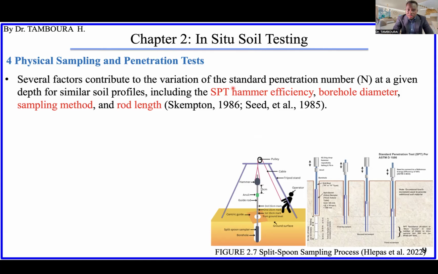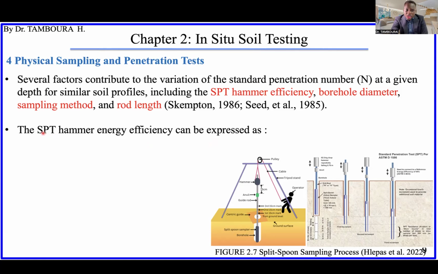Okay, and these factors include the hammer efficiency, SPT hammer efficiency. We will see what efficiency means. Okay. The borehole diameter also affects the SPT N-value. Okay, the sampling method and the rod length. The rod length will also affect the SPT N-value. Okay, so because of all these reasons, we have to bring some kind of correction.